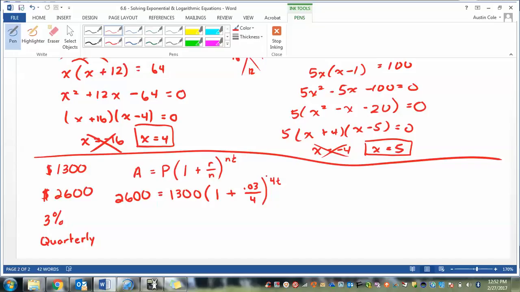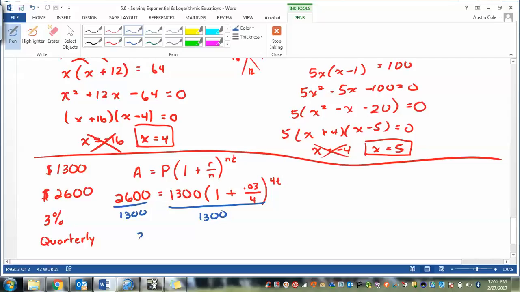What do I need to do to solve for t first? Let's get rid of the 1,300 first, so I'm going to divide both sides by 1,300. On the left, I'm going to get 2 equals 1 plus 0.03 over 4 to the 4t.